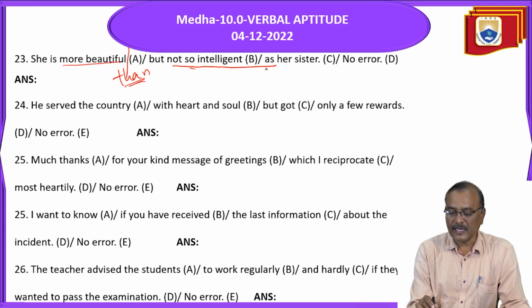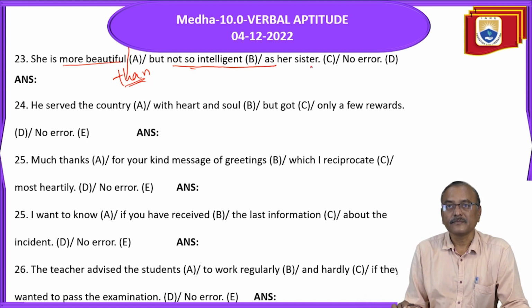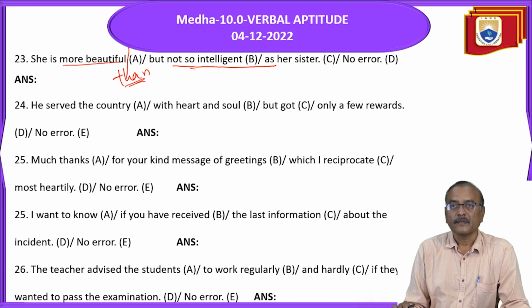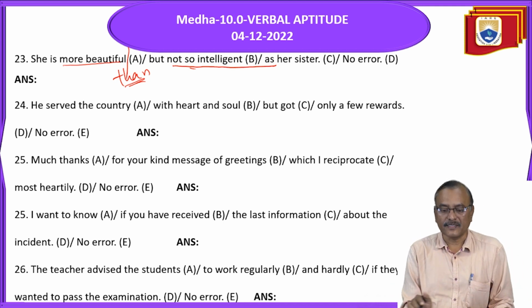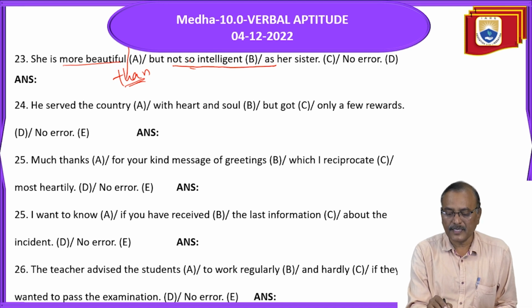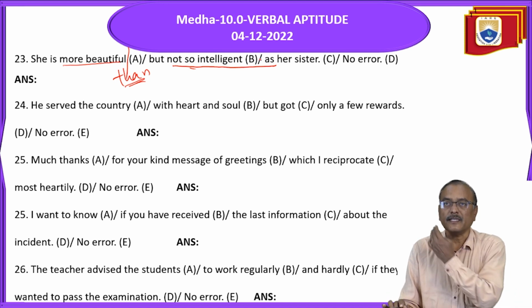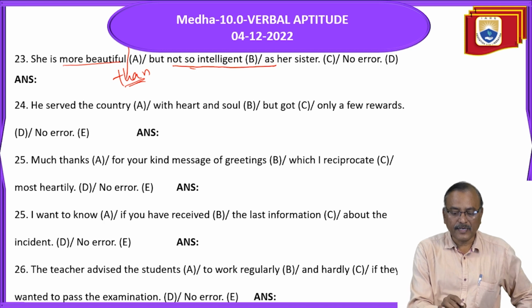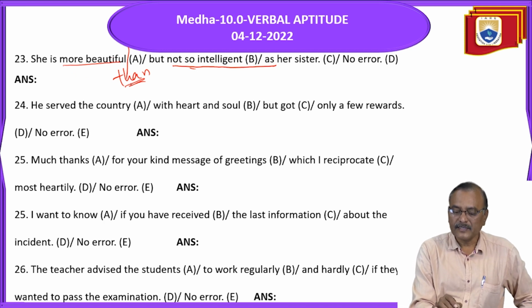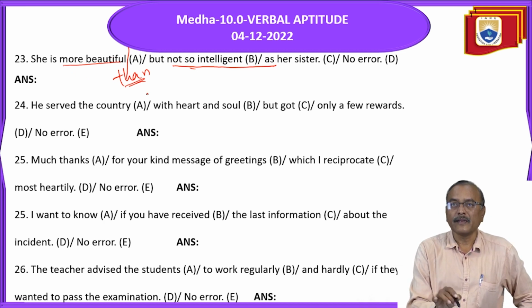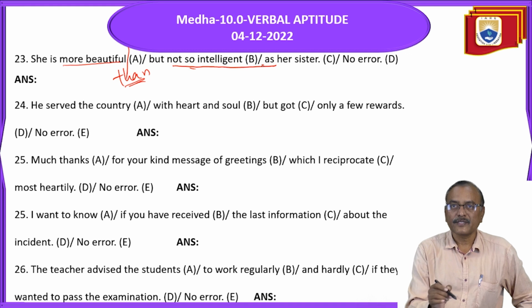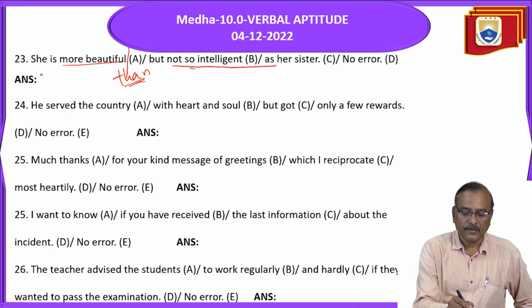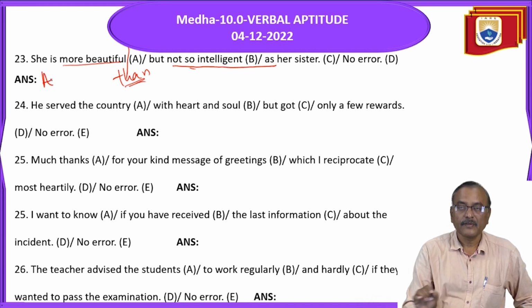"So intelligent as" is okay. So here two degrees are used in the same sentence. This is a comparative degree, this is a positive degree. In the comparative degree, we should use "than": more beautiful than. In this one, "so intelligent as" is okay. Right? So the mistake is in part A.